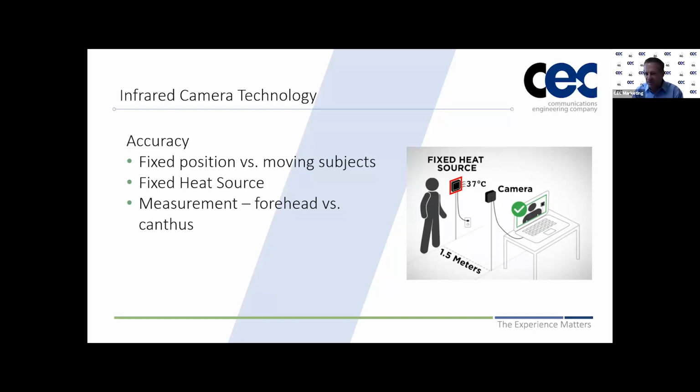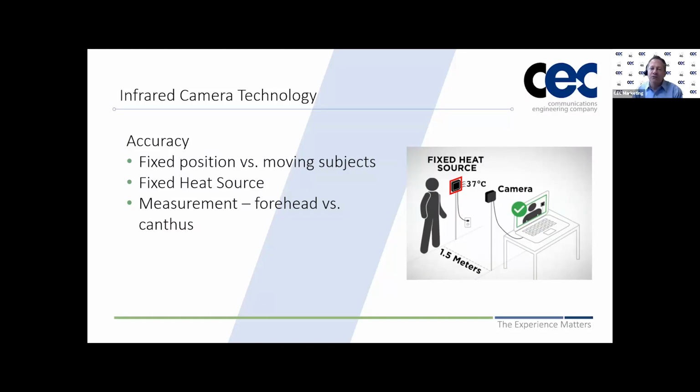When you set this up, the screening typically could take up to 5 seconds per screening. And the subjects that registered an elevated body temperature, you then want to discreetly direct to a more private area for that secondary evaluation.